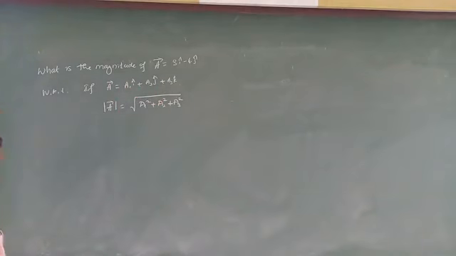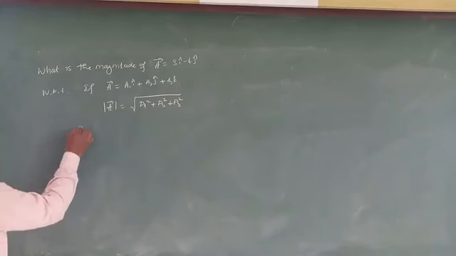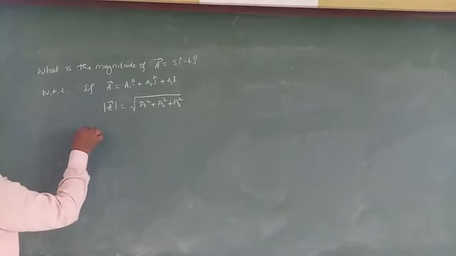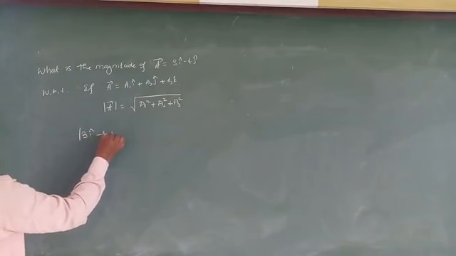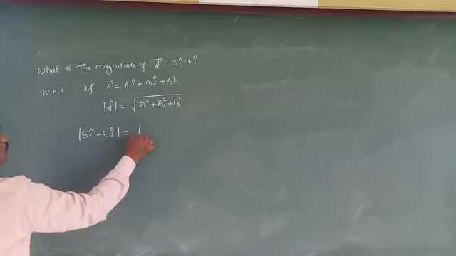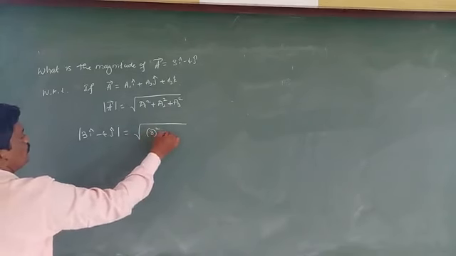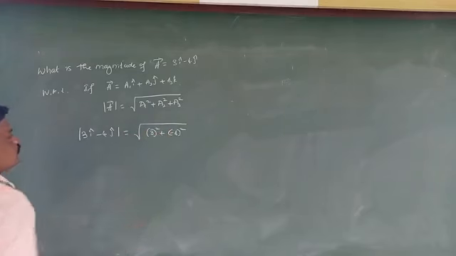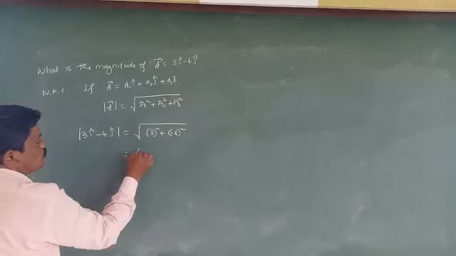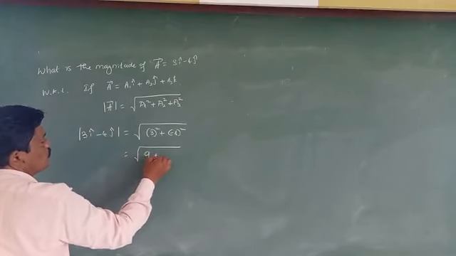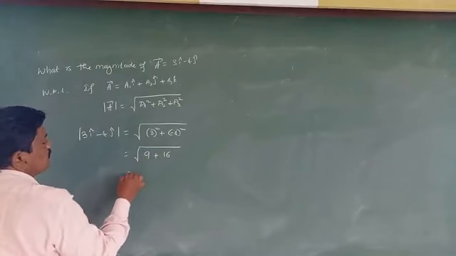Now the magnitude of 3 i cap minus 4 j cap equals square root of 3 square plus minus 4 square. 3 square is 9, minus 4 square is 16.